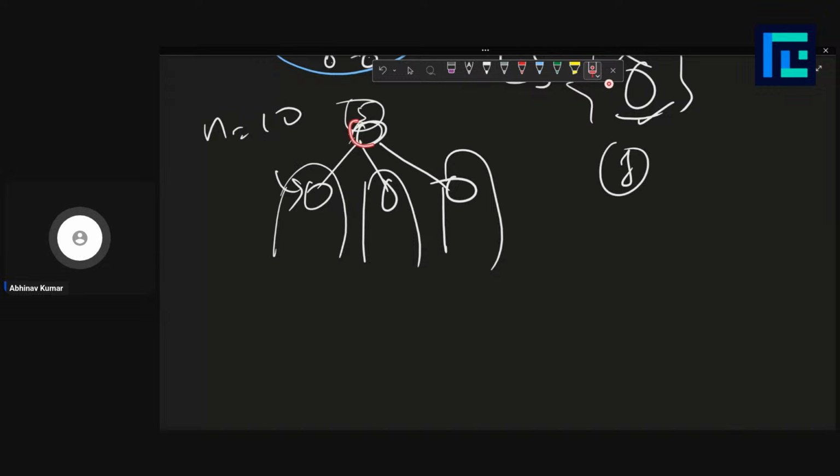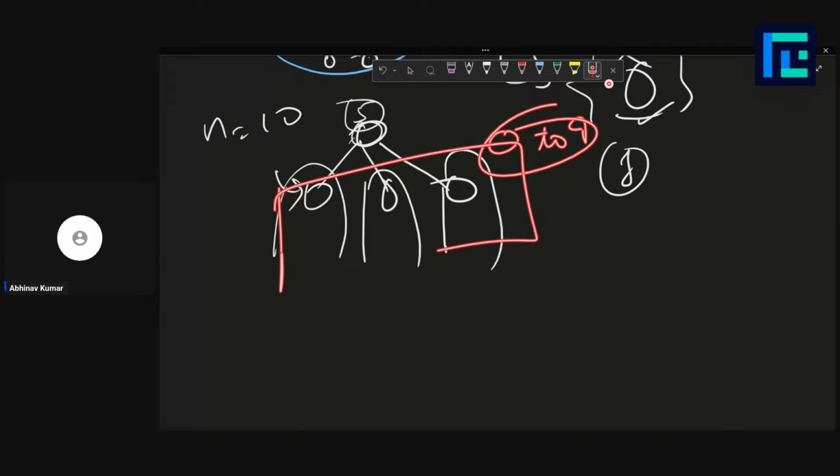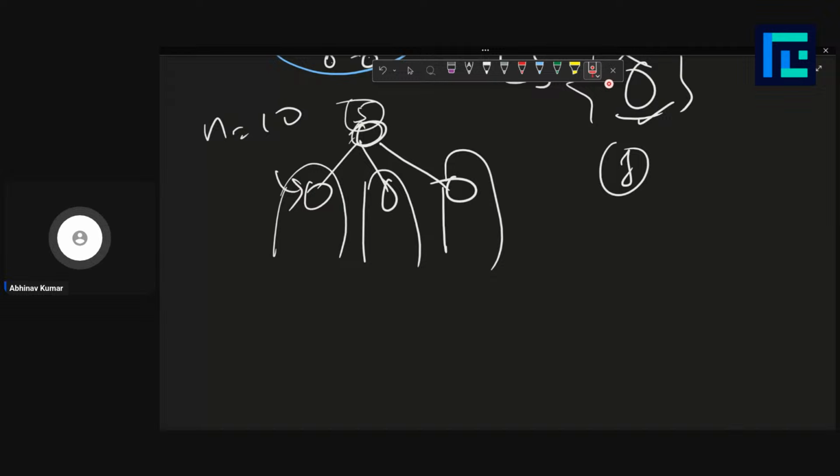So if you assign 5 in this root node, what you need to make sure? You need to make sure that all values from 0 to 4 are appearing in this subtree. Okay, so now let's move to one of its subtrees. Let's say to one of its subtrees you assign some value 3. If you are assigning some value 3, that means all the values from 0 to 2 should come in this subtree.